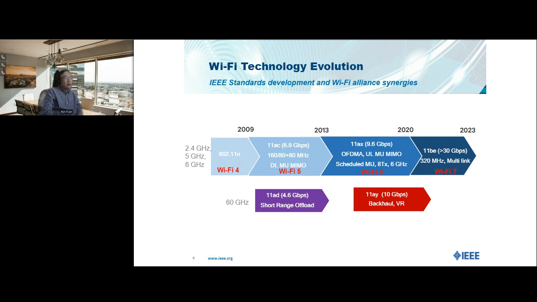It introduced many features: OFDMA, uplink MU-MIMO, scheduled MU transmissions, and also introduced 6 GHz band support, all of which we will cover in today's or tomorrow's training.